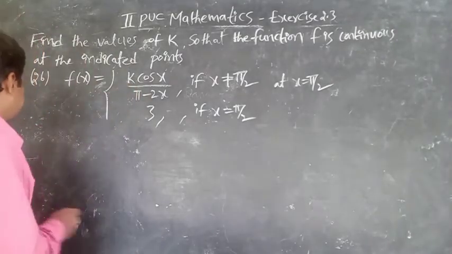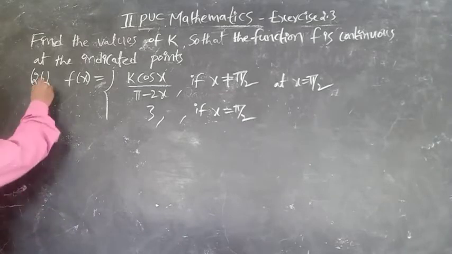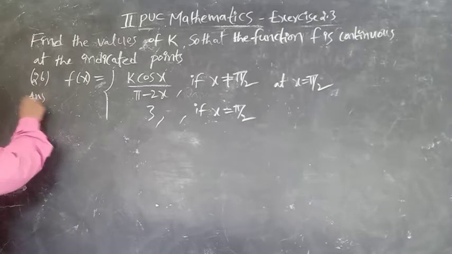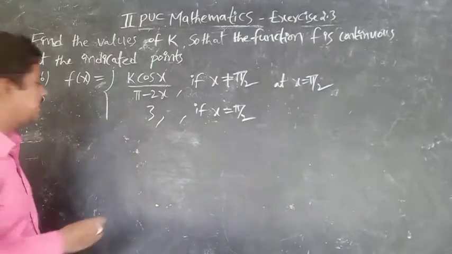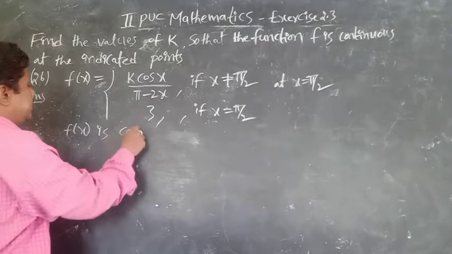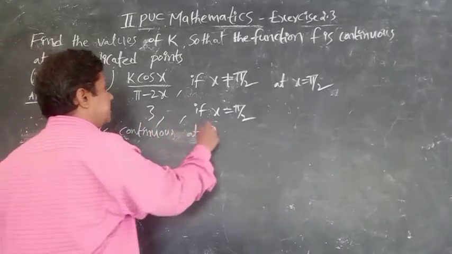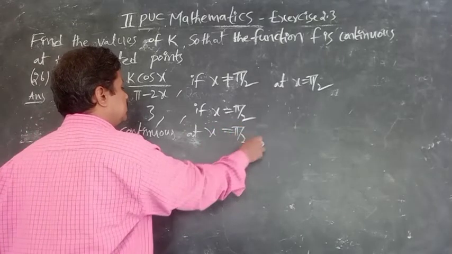Answer: first write down this function. So f of x is continuous at x equals pi by 2.